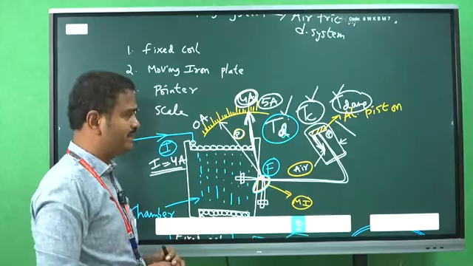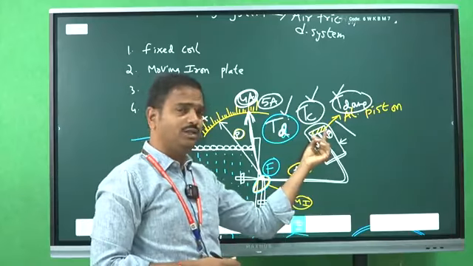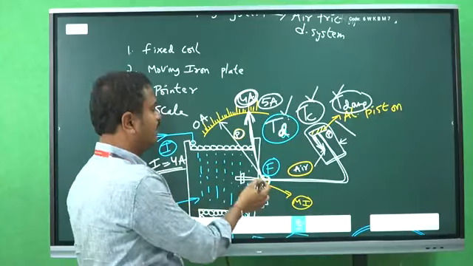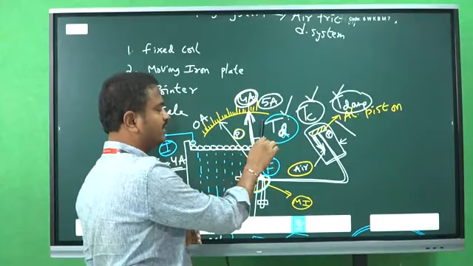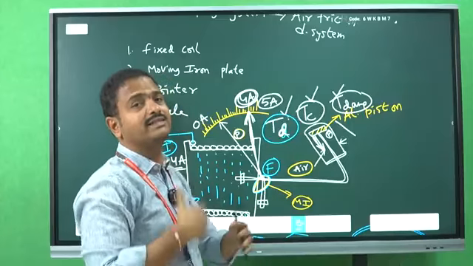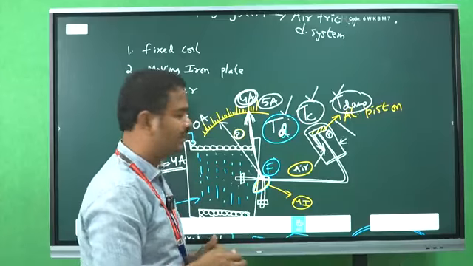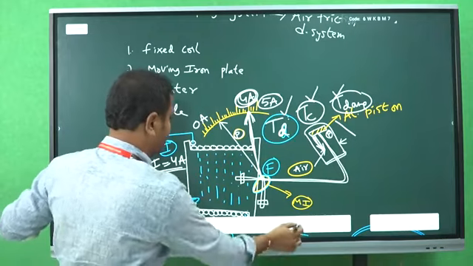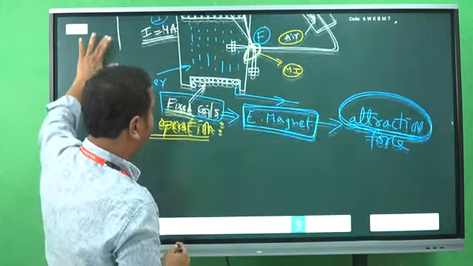Air friction damping means we have an aluminum piston inside a closed chamber, which is attached to the pointer. Whenever the pointer is moving on the scale, immediately the piston inside the chamber also moves and increases the air friction. Clear? So this is the working operation and construction of MI instrument.